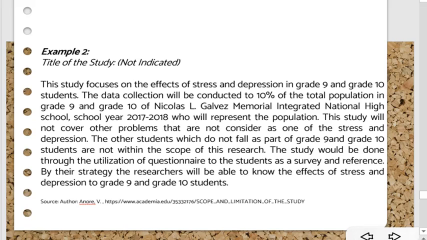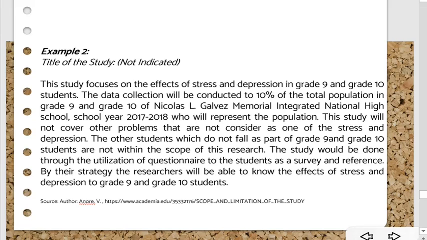Okay, here's another example. Example number 2. Title of the study not indicated. This study focuses on the effects of stress and depression in grade 9 and grade 10 students. The data collection will be conducted on 10% of the total population in grade 9 and grade 10 of Nicolas L. Galvez Memorial Integrated National High School, school year 2017-2018, who will represent the population.